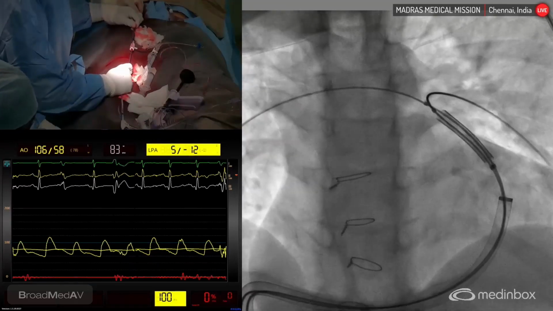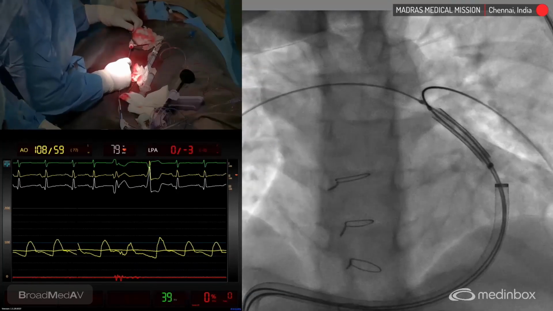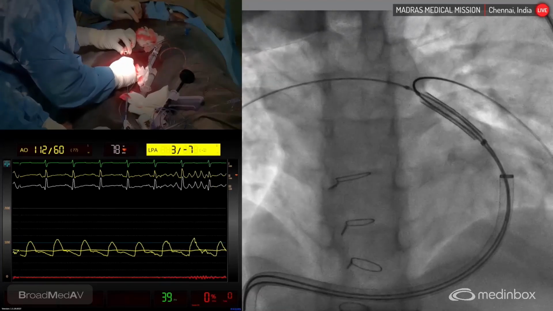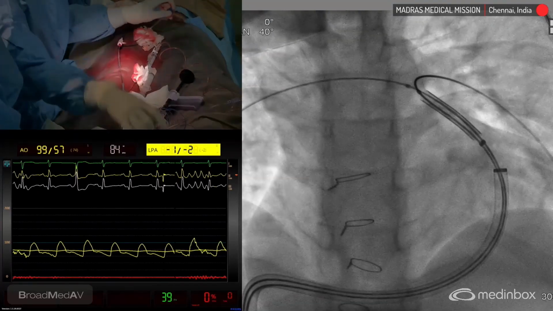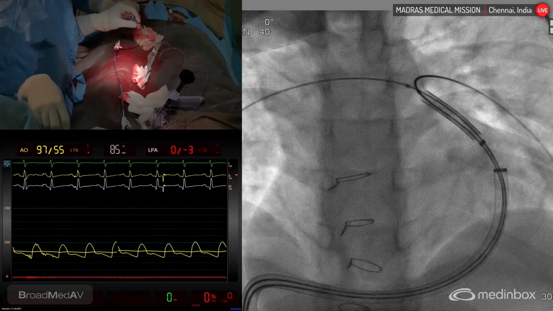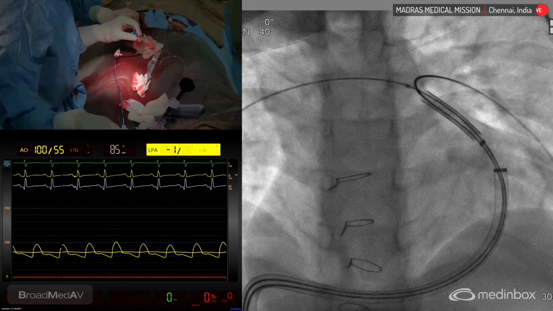At this point, I'm going to make an angiography with the side arm of the sheath. I need a discard bowl.